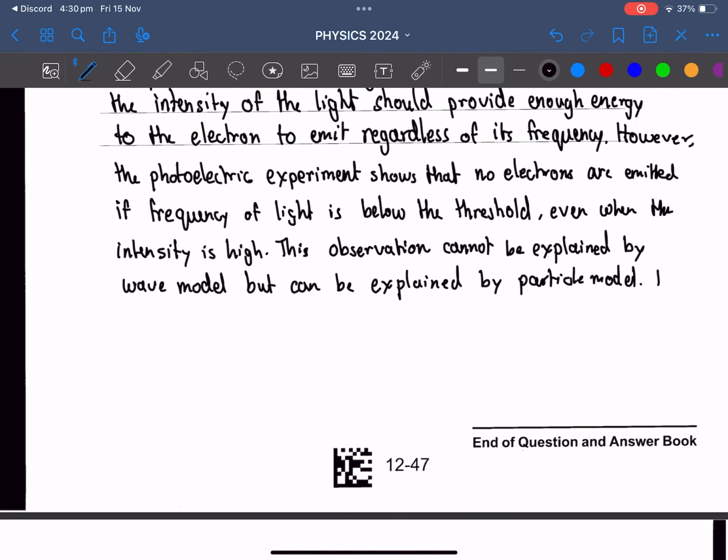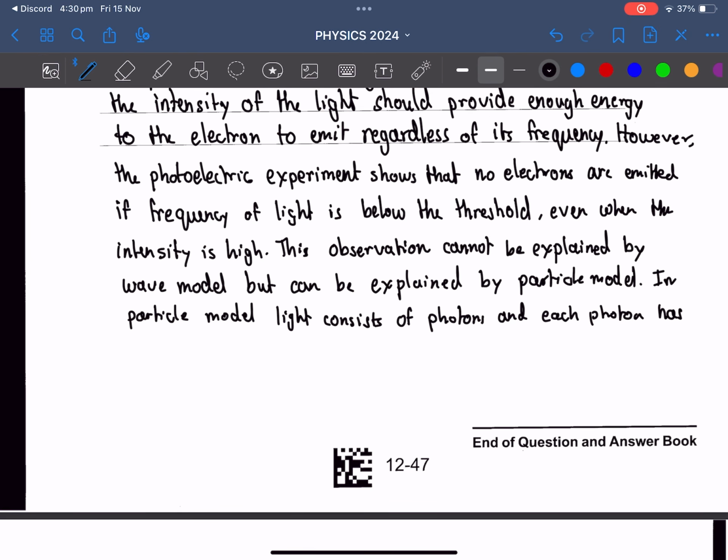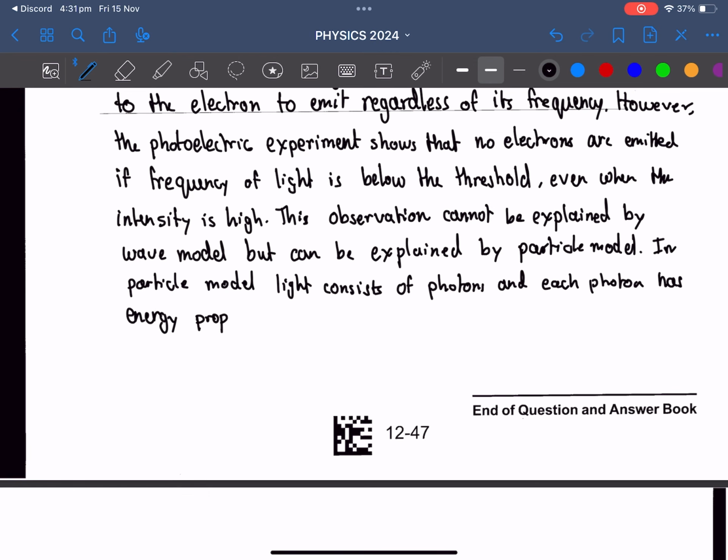So in the particle model, light consists of photons, and each photon has energy proportional to frequency, which is E equals hf.